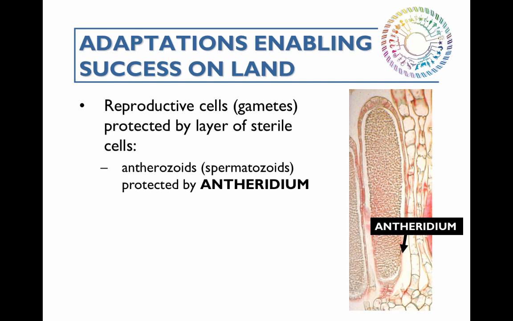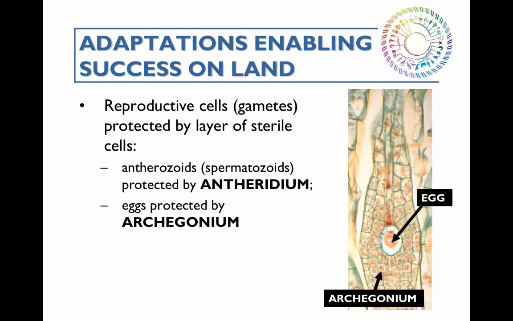Now, the female gamete is the egg, and the egg is protected by an equivalent structure called an archegonium. We'll have a look at the structure of the archegonium in more detail later on in this lecture, but very briefly, here we have an egg sitting inside, in this case, a multi-layered wall of the archegonium.